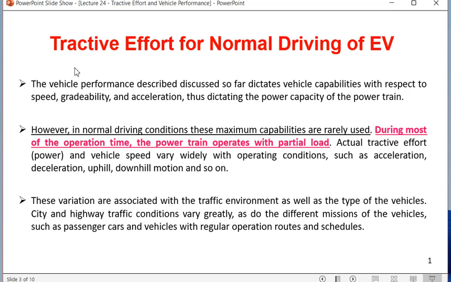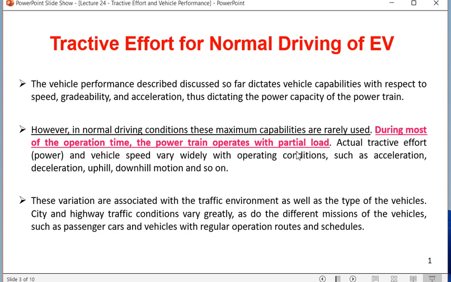However, normal driving condition means that generally the vehicle is not climbing a hill. The vehicle is generally driving on a very plain, smooth road without any gradient. Generally we follow a highway kind of driving pattern in normal driving. So during most of the operation time, the powertrain operates with partial load.